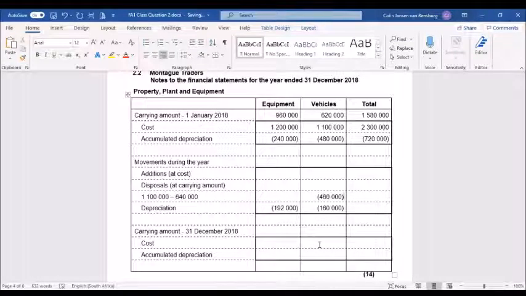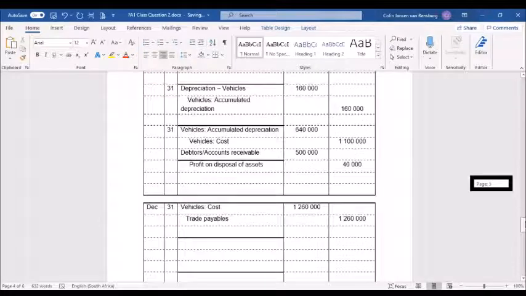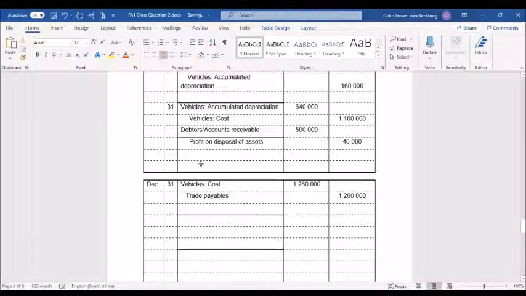End of brackets. Okay, so now we have looked at the disposals and the depreciation, but we must still see whether there were possibly any additions as well. So let's have a look at our journal entries again. Remember, the debt and accounts receivable and the profit on disposal of assets will not affect your property, plant and equipment note.